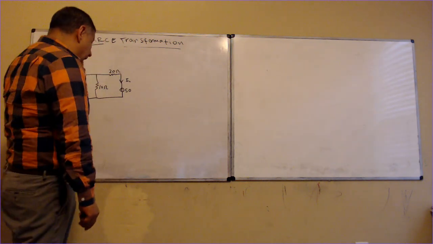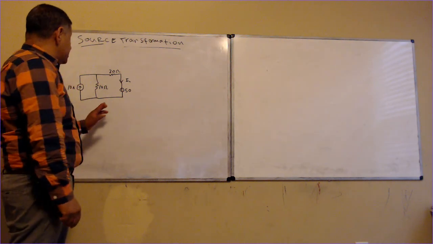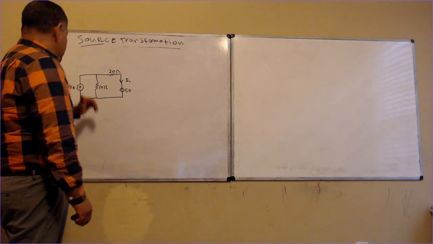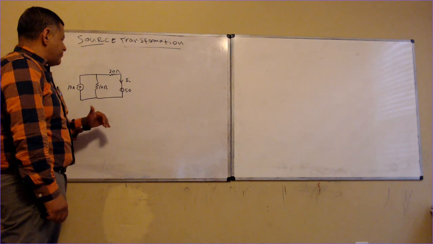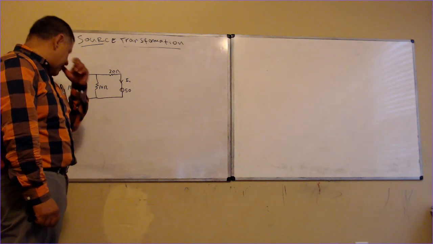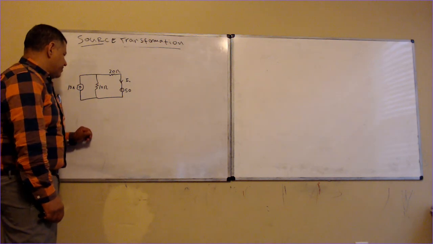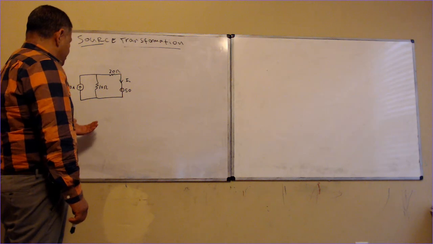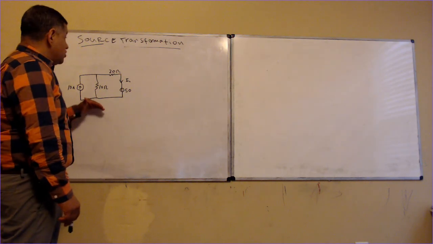So I will do this with source transformation, and that way it gives us a little practice to solve this using source transformation and KVL. But we can actually do this other ways too. We can do it with superposition.